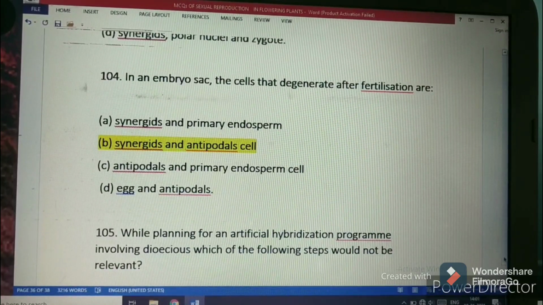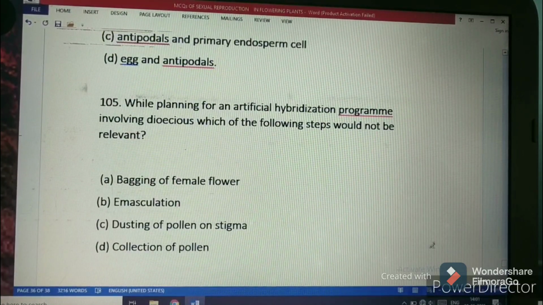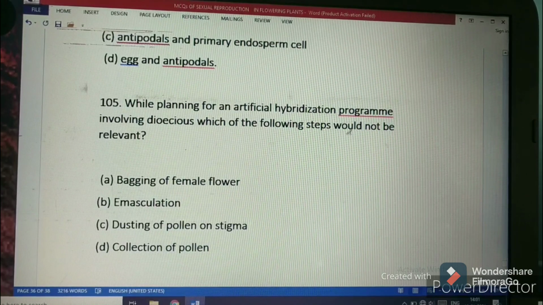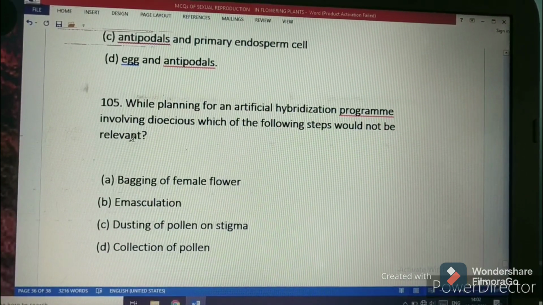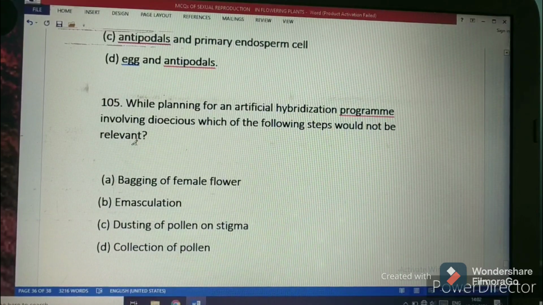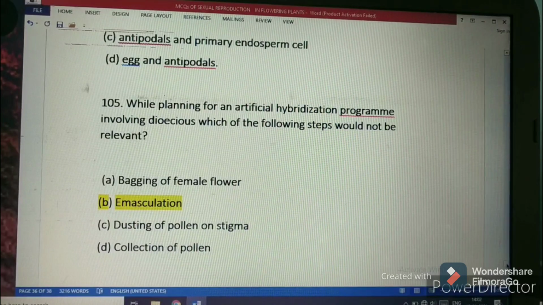While planning an artificial hybridization program involving dioecious plants, which of the following steps would not be relevant? Emasculation is not relevant for this.